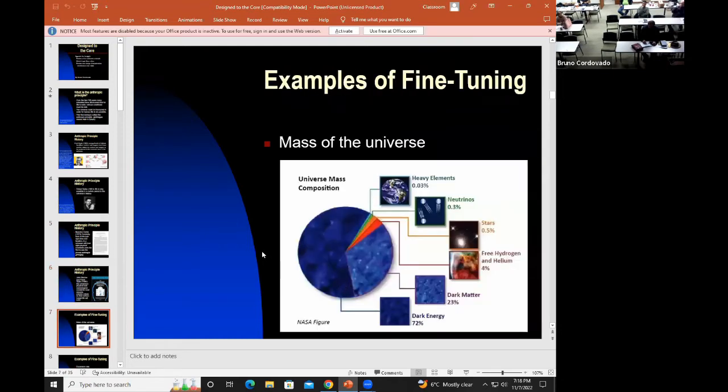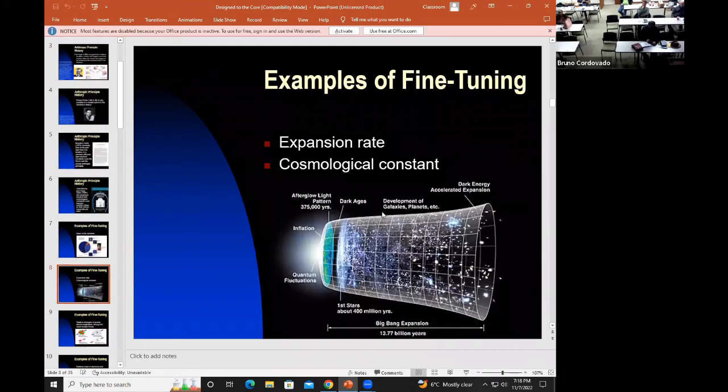And some of these precise values that need to be correct is the mass of the universe. It needs to be just right. If it's too much, then there's gravity too strong, the universe does not expand properly, and all you get are black holes. If it's too little, it expands too fast, and all you get is hydrogen everywhere.